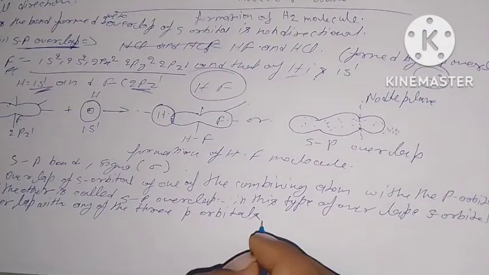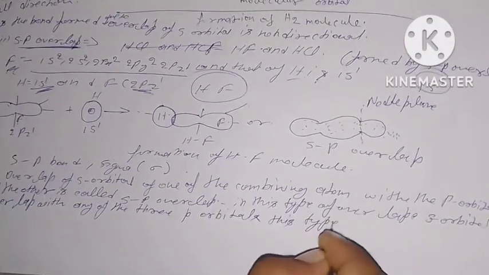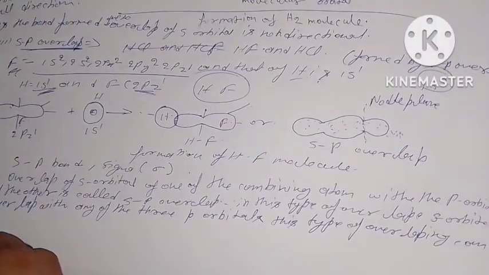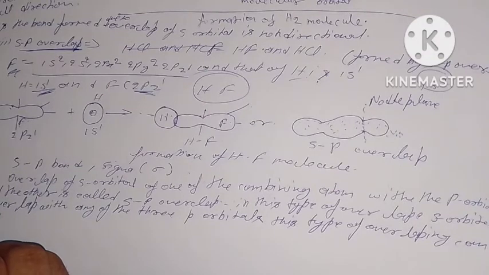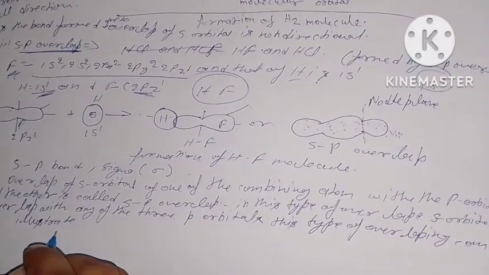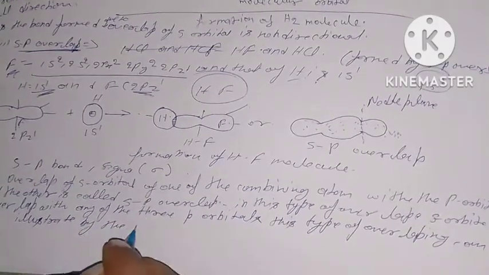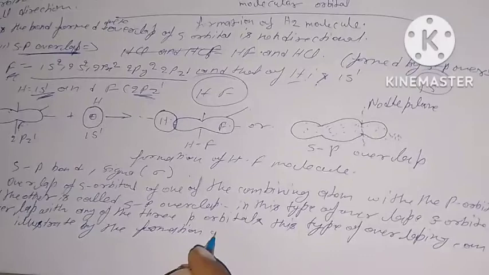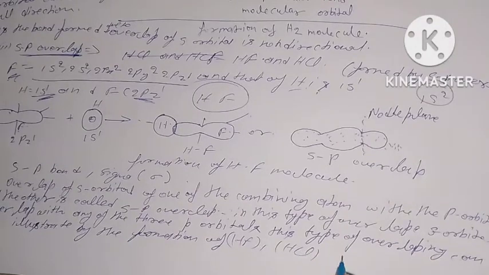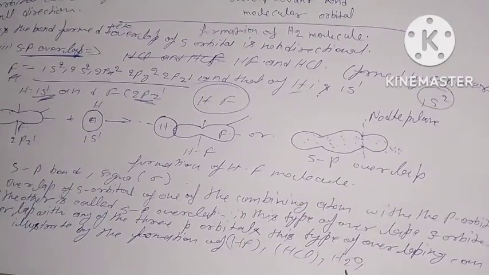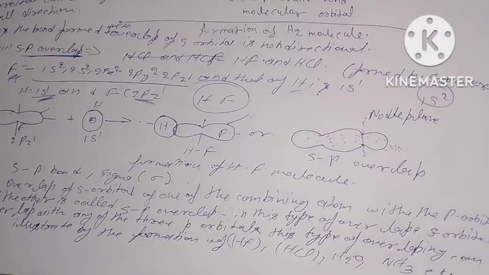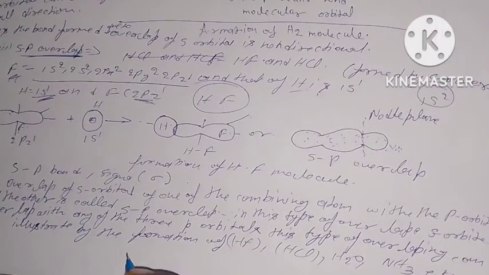This type of overlapping can be illustrated by the formation of hydrogen fluoride HF, hydrogen chloride HCl, water H2O, and ammonia NH3.